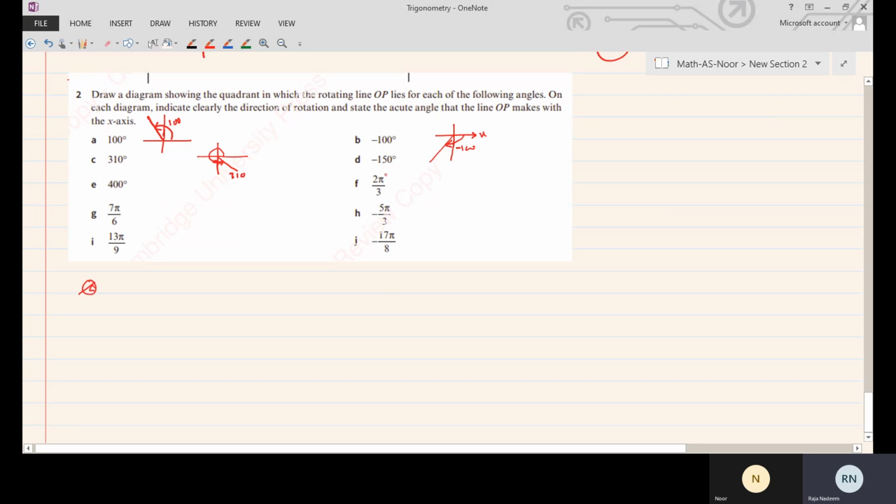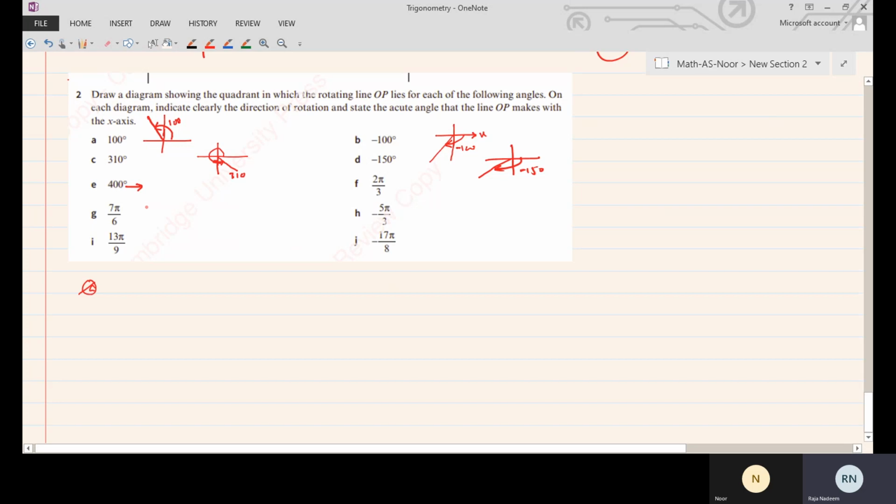What about minus 150? Start clockwise from the x-axis, and it would be in the third quadrant. Yes, the third quadrant. So this angle is minus 150.